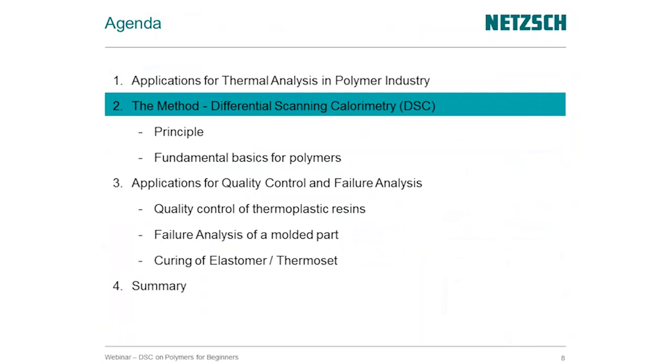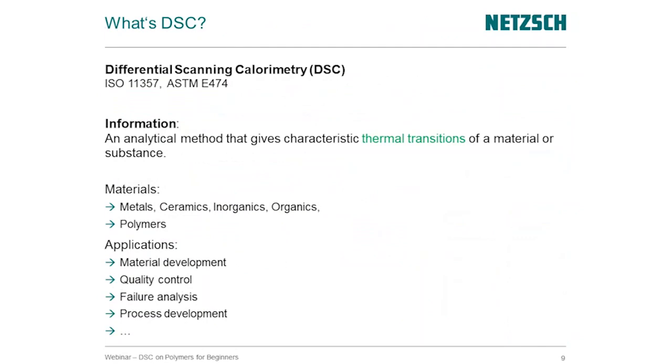Okay, now we'll introduce the basic method of DSC. And by definition, I think it's important to note here, this is an internationally standardized methodology. So you've got ISO standards and also ASTM standard procedures that are developed around the DSC, or differential scanning calorimetry, method. By definition, DSC is an analytical method that gives characteristic thermal transitions of a material or substance.